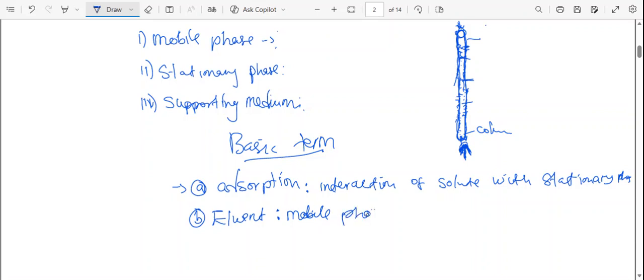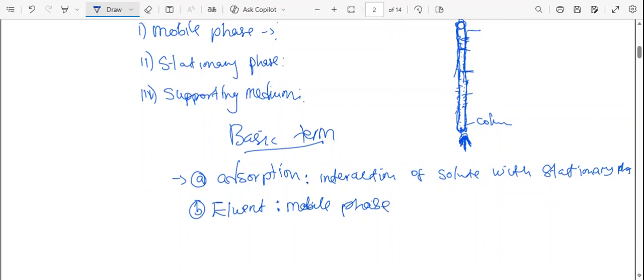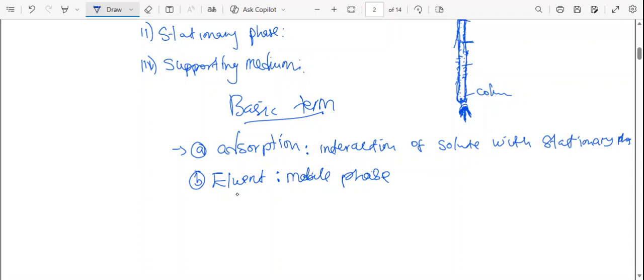The process of eluting is what we call elution. What is elution?